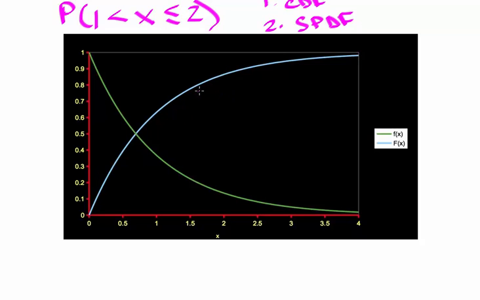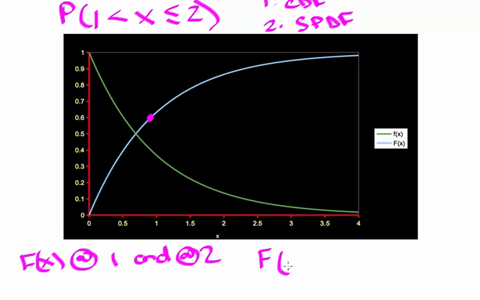We can determine what F of x is at 1 and at 2 and subtract. In our case, F of 1 on the CDF plot is about 0.6.